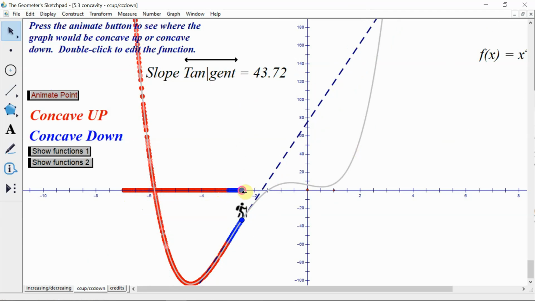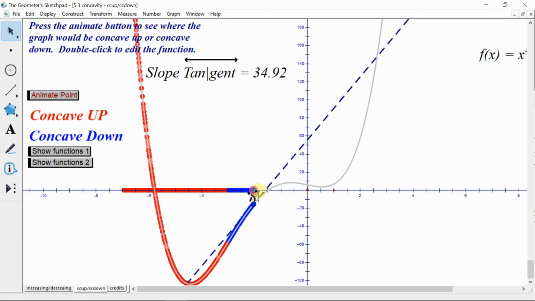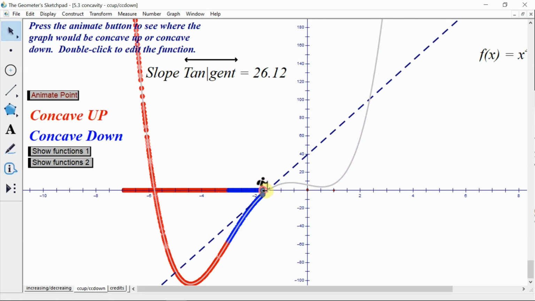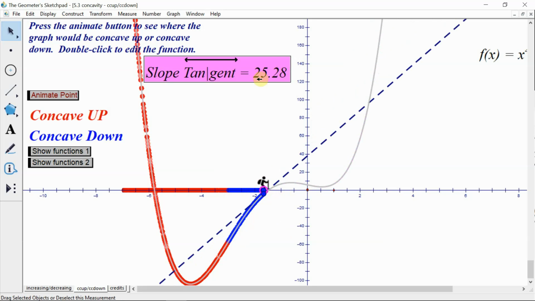But here is the moment I was talking about in the attendance question. Notice the slope here is positive, which means the function is still going up, right? We're still walking uphill here, except the curve is flattening out. And that's the idea of concave down, because this rate, this slope, is now decreasing.